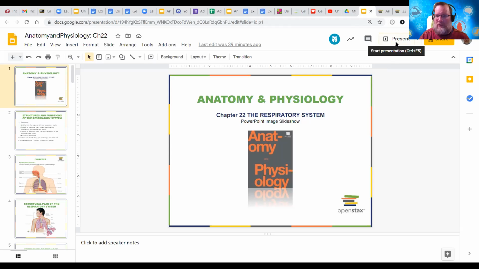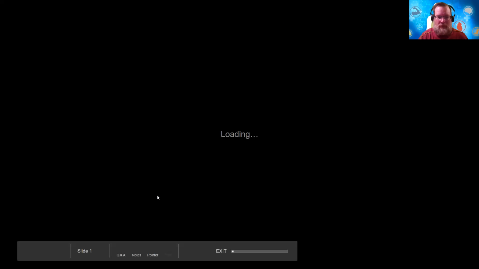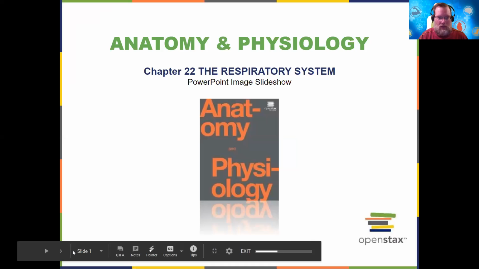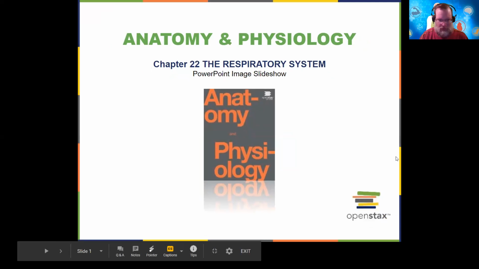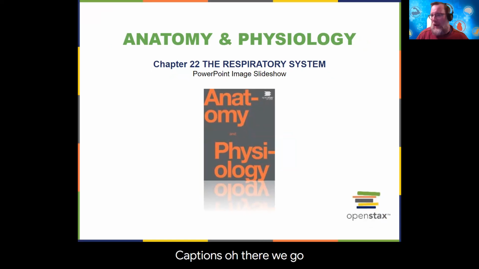Again, some of this is going to be review because we've talked about the respiratory system already, really from day one, in Unit 7 with the cardiovascular, or Unit 8 cardiovascular. Let me get captions. Oh, there we go. So when we started with blood last week and went into the cardiac aspects and then blood vessels, lungs were always involved, right?